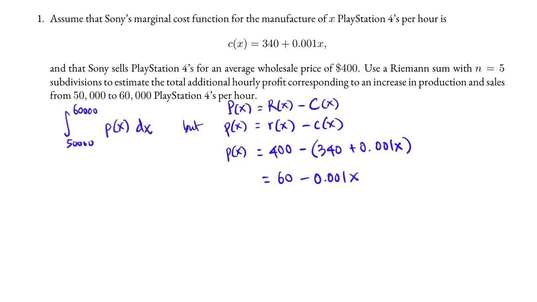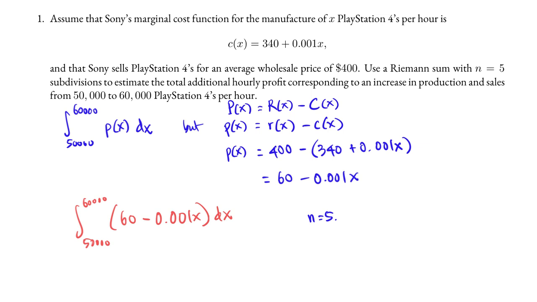The answer to our question will be the integral from 50,000 to 60,000 of 60 minus 0.001x dx. And we're asked to use 5 subdivisions, so n equals 5.